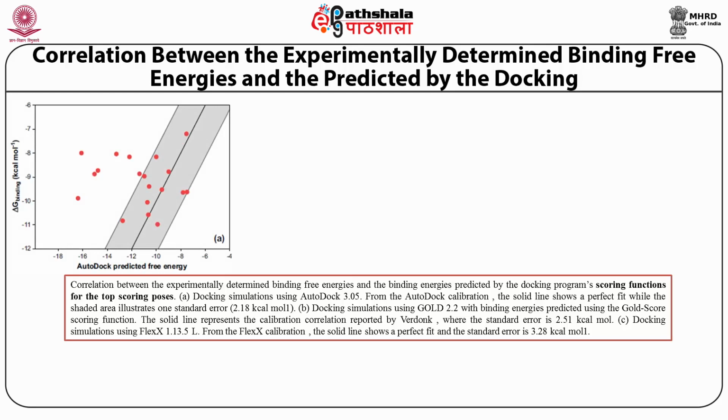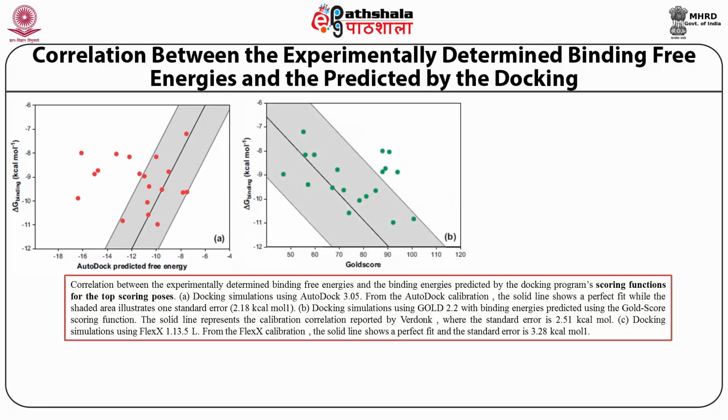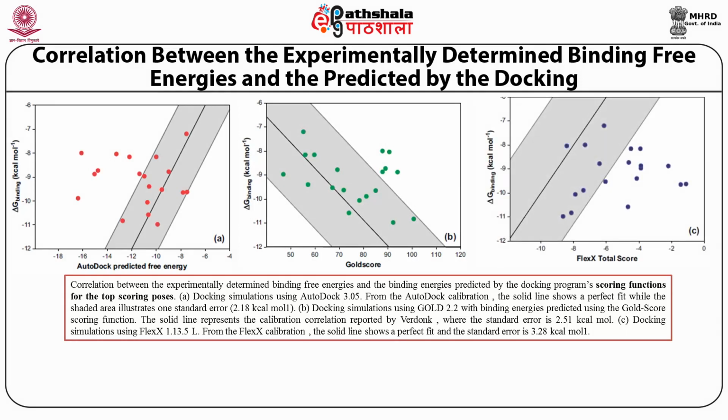It shows the same tendency: with the scoring functions, the compounds with lower binding free energy fall outside the correlation. Similarly, we see the same phenomenon with GoldScore, and with FlexX the same problem has been seen.